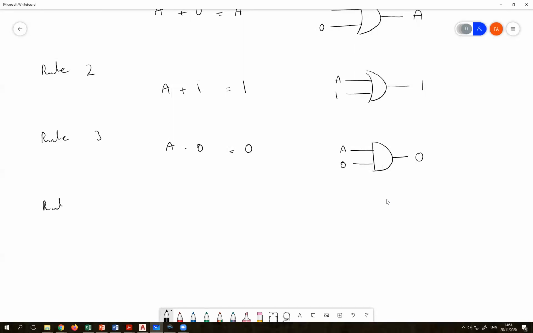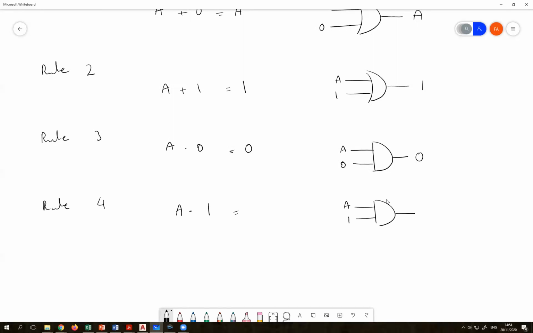Rule 4. Rule 4 is A and 1. Again, I've got an AND gate, A, 1. So if A is 0, 0 and 1 is 0. If A is 1, 1 and 1 is 1.